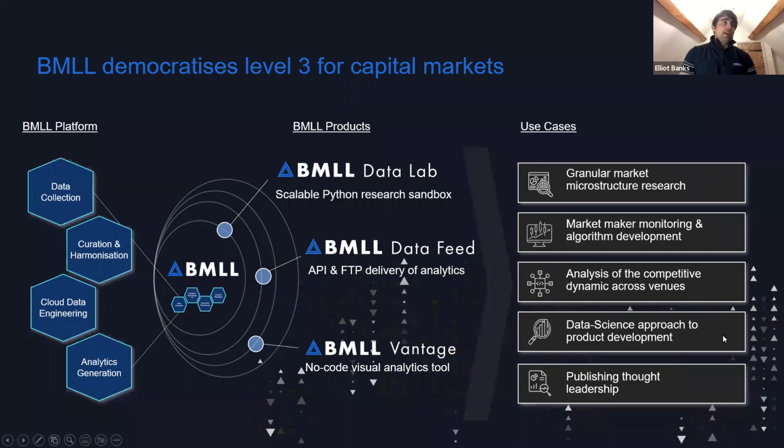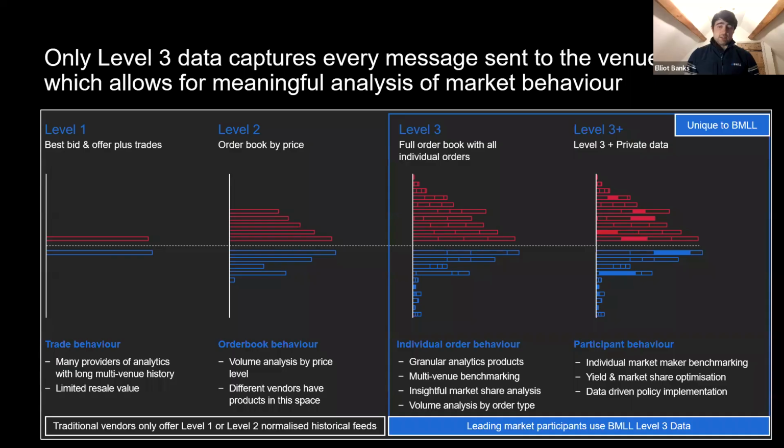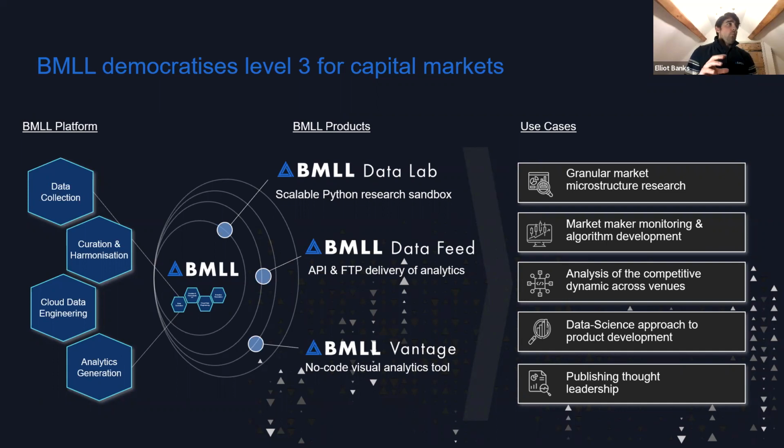So before we begin, what I want to do is spend a few minutes just explaining who we are at BMLL, what we do, and what some of the use cases are for the products, and then I'll dive into some of the key features on the landscape. So BMLL, we are a full depth historical level 3 specialist.